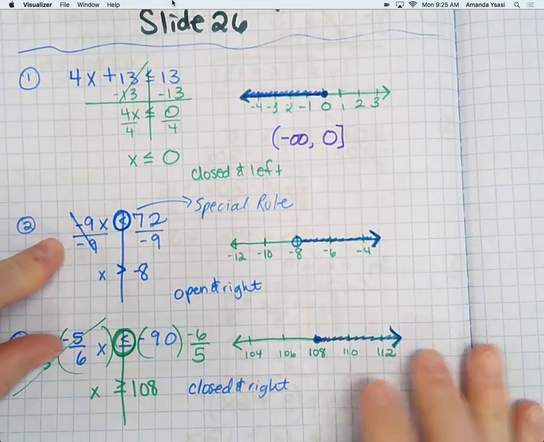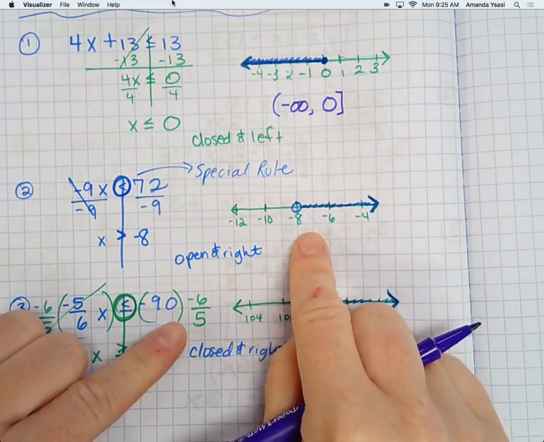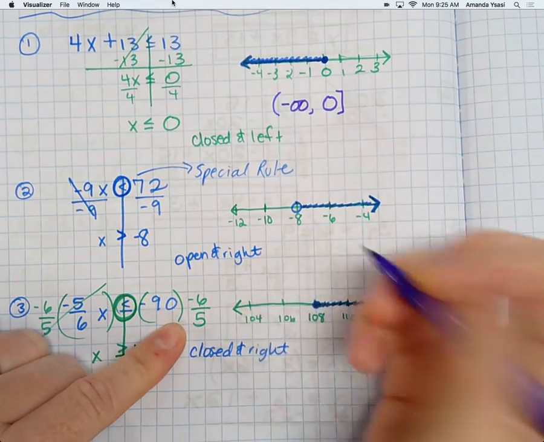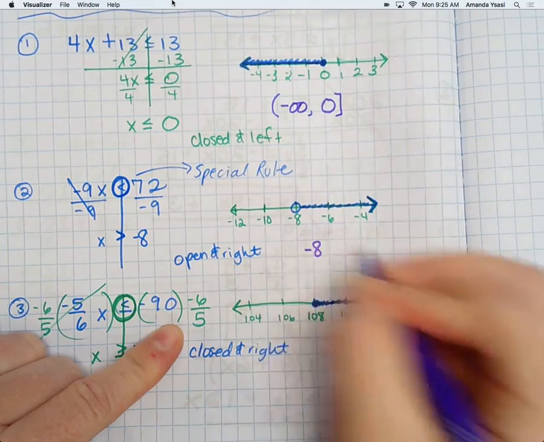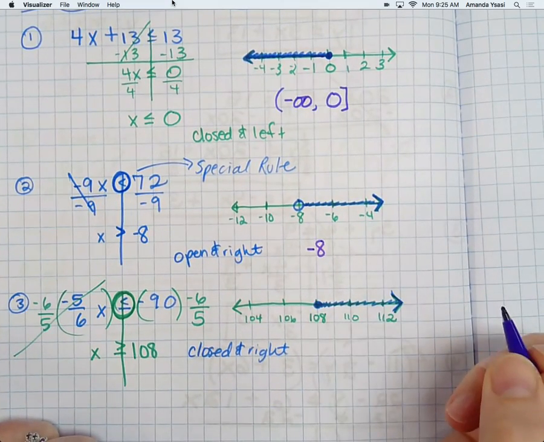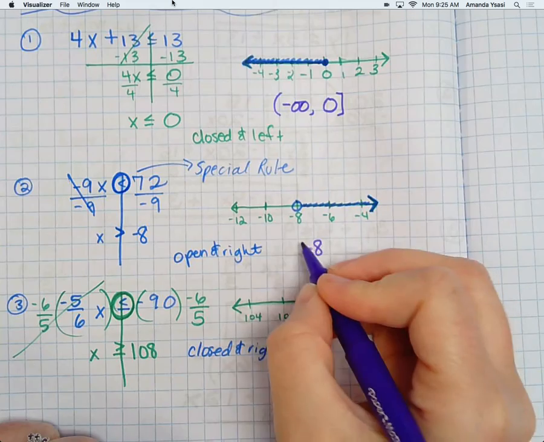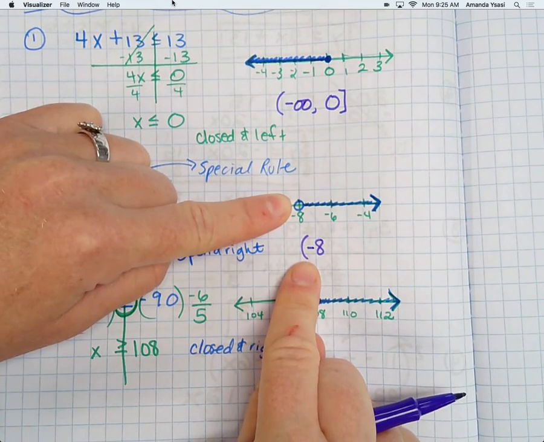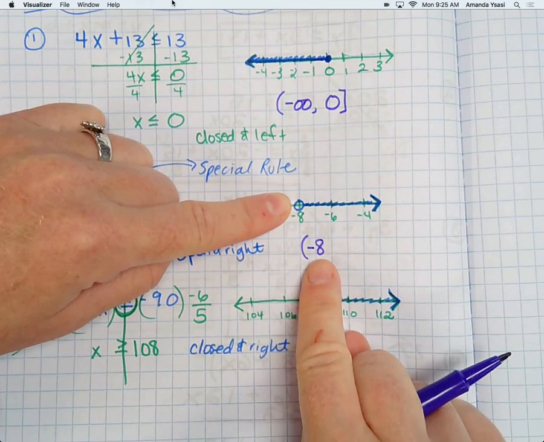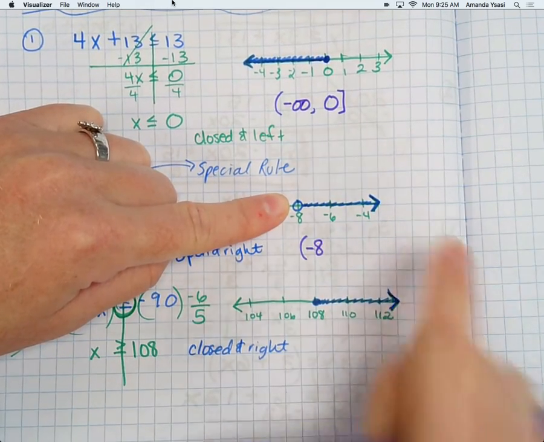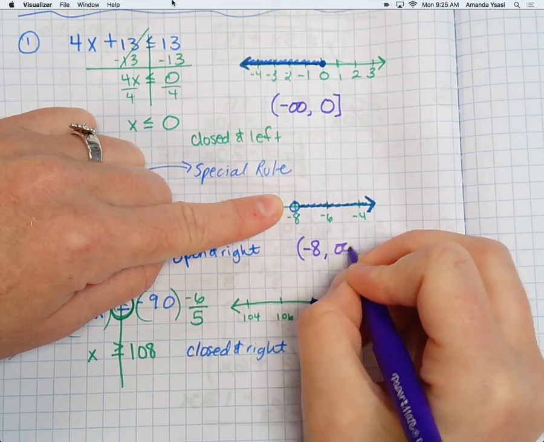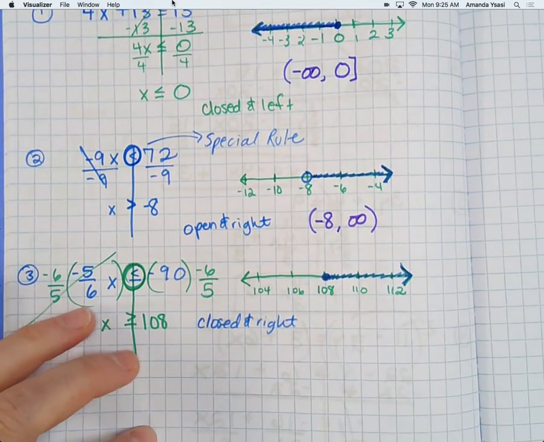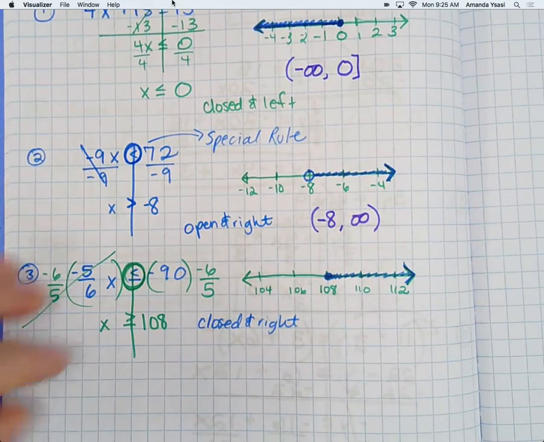Okay, the next one. The furthest left it goes is -8. Since it's not included, we're going to do a parentheses, kind of like an open circle. They match together. And then furthest right it can go is positive infinity, so we could just leave it with infinity.